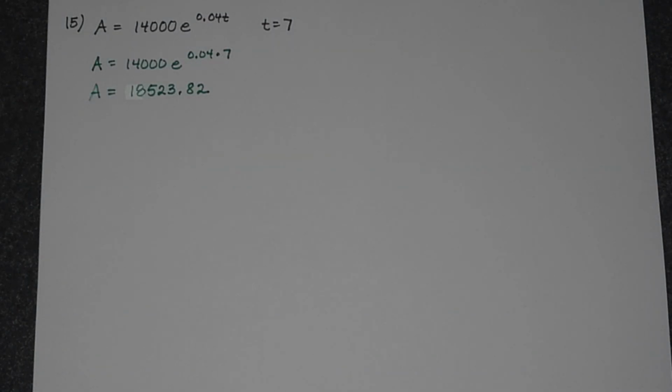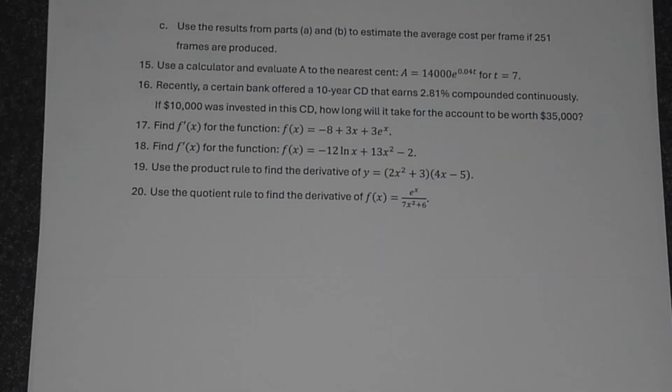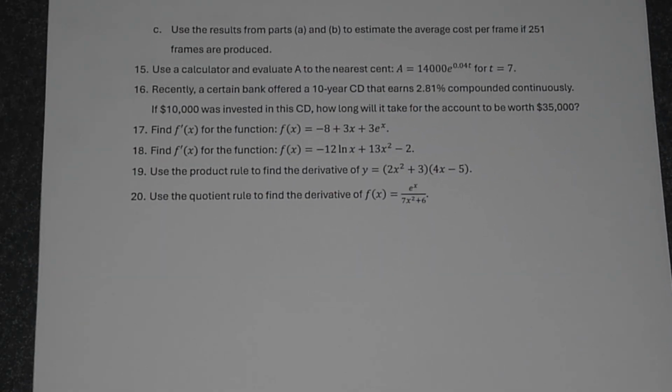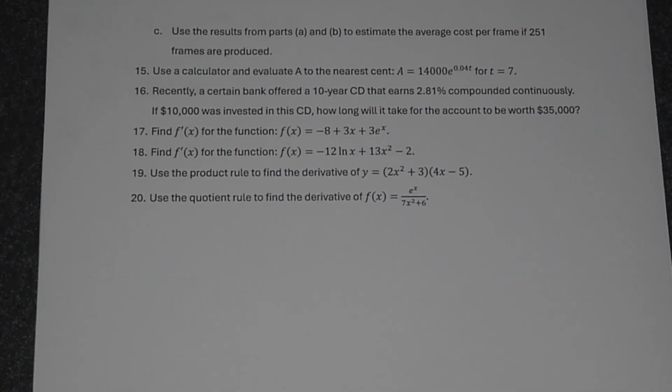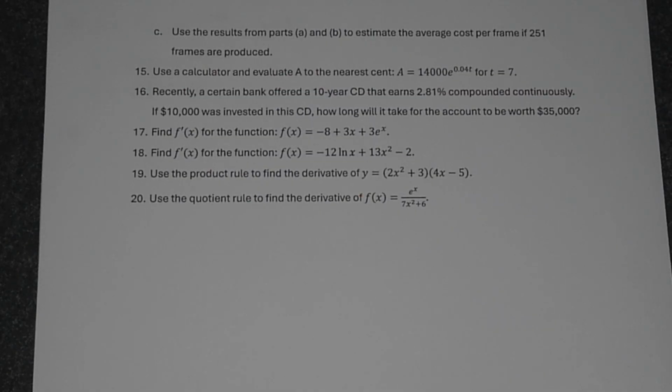All right. Number 16. Number 16 says recently a certain bank offered a 10-year CD that earns 2.81% compounded continuously.